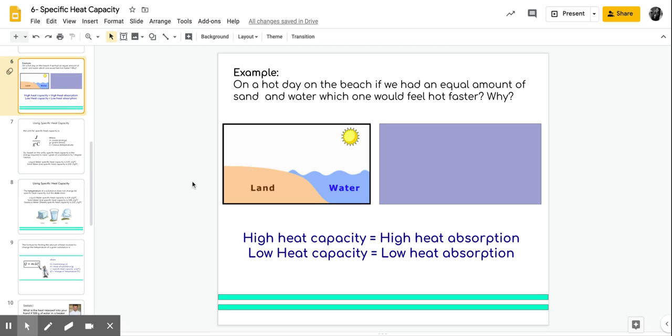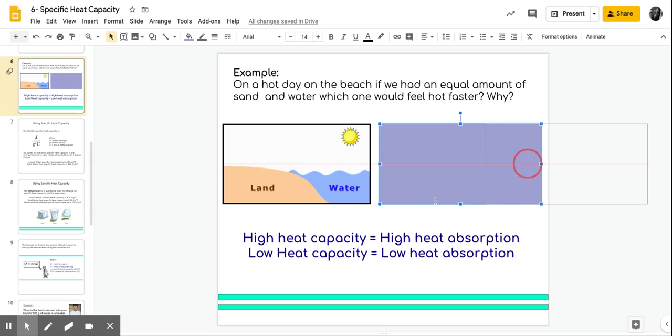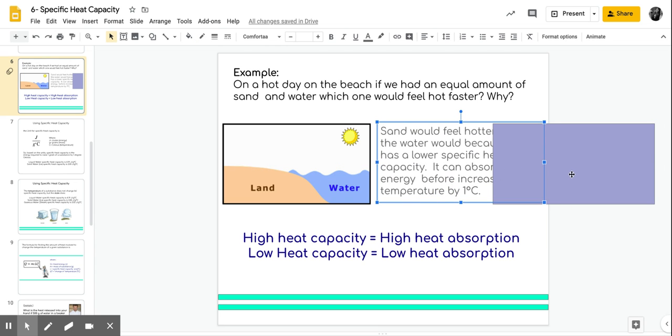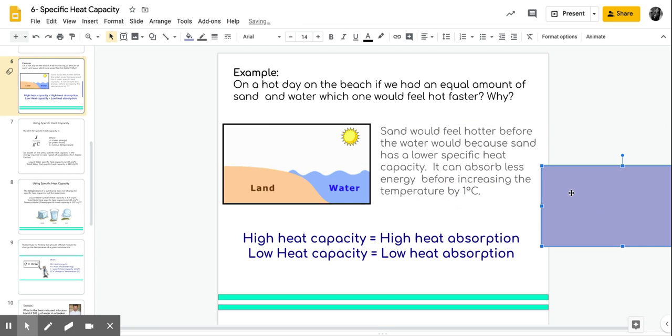So another practical application for you. On a hot day at a beach, if you had an equal amount of sand and water compared right beside each other throughout the same day, which one's going to feel hot faster? Why? The land, aka the sand, is going to feel hotter sooner. Most of you guys know that.